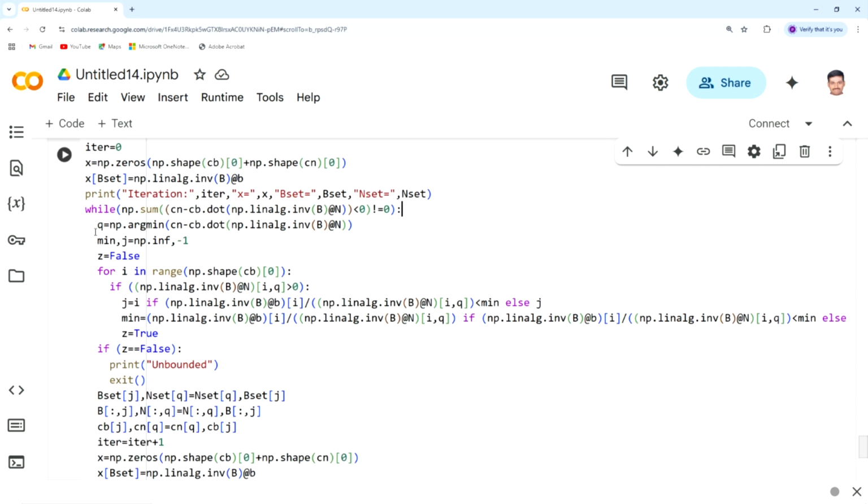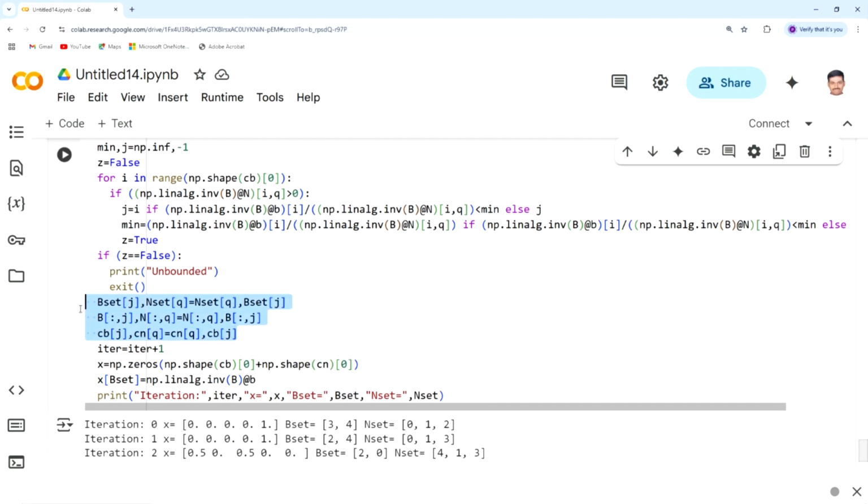So, then we move ahead to exchanging one variable between the basic and non-basic variable sets, right. So, this is to welcome the incoming basic variable from the non-basic variable set, and this part is to throw out a particular basic variable into the non-basic variable set, right. So, this performs the exchange, and this is again the printing, right.